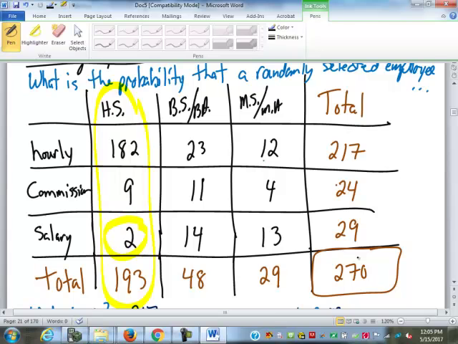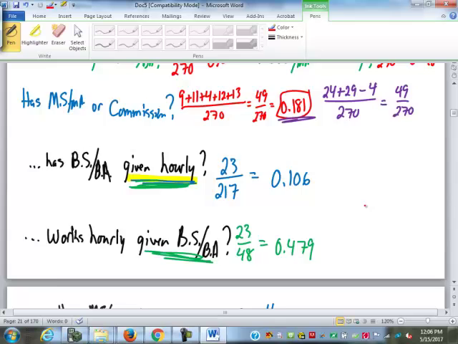If this is an independent set of data, if their level of education does not affect what type of position they have in the company, the percent of hourly given that they're in high school should be the same as the probability of hourly, period. Let me show you what I mean by that.